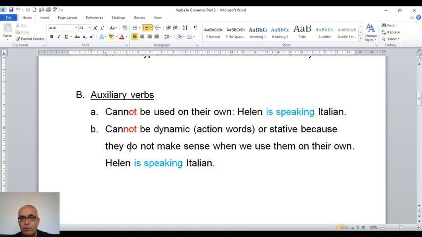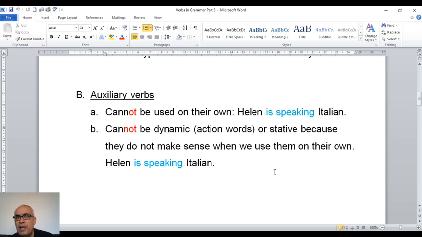But forget do, forget be, forget have. We have 23 auxiliary verbs and we cannot use them in a sentence on their own. This means we cannot say they are dynamic or stative.